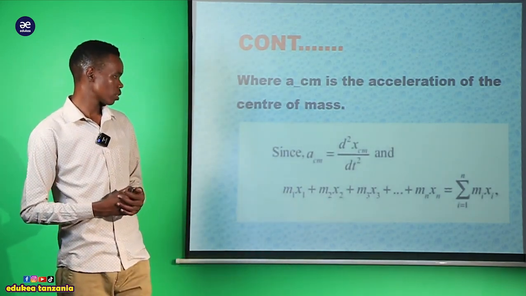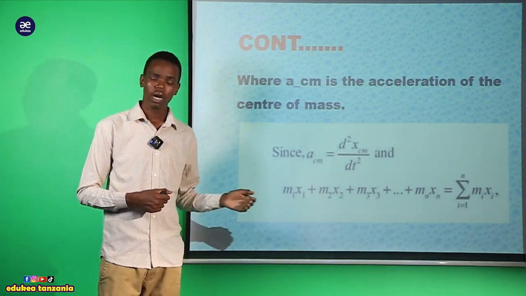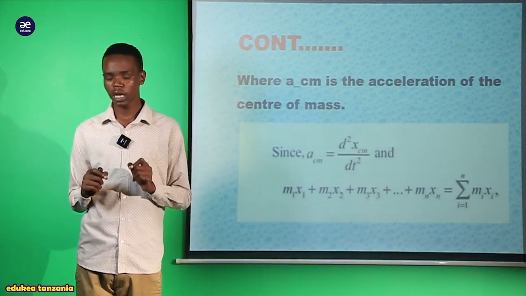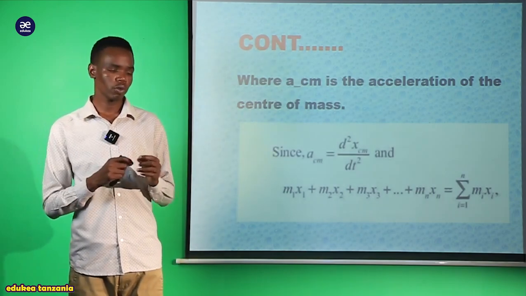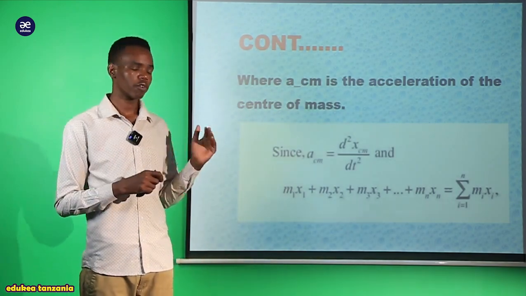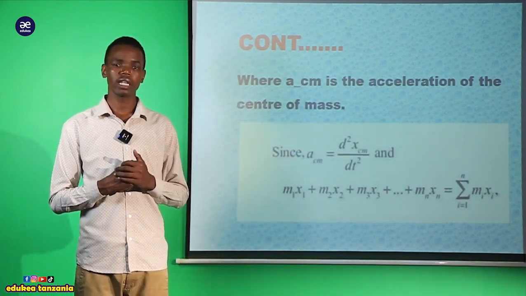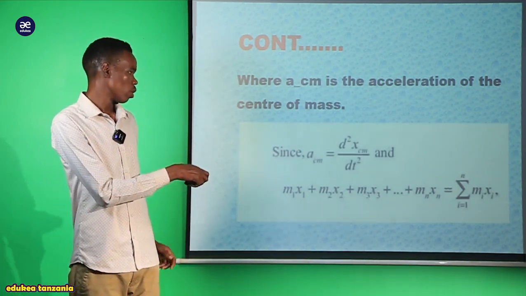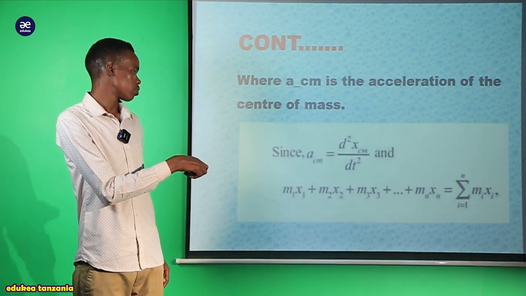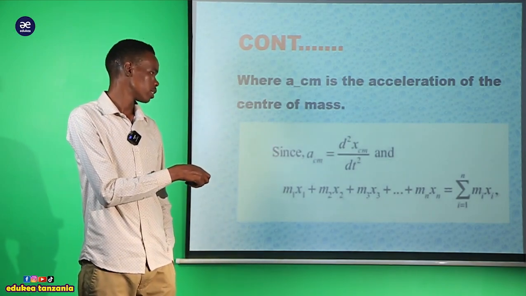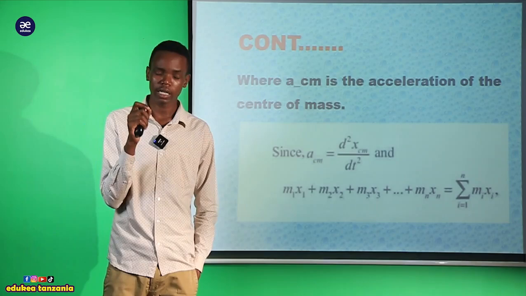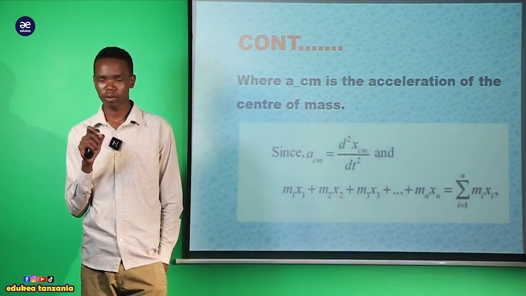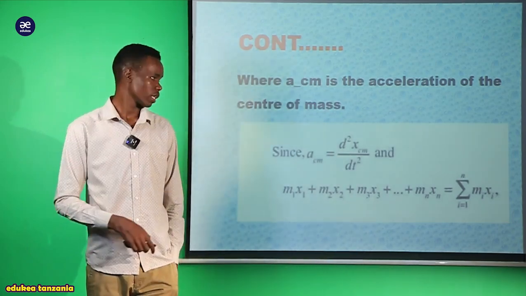So after there, my dear student, since we know that this acceleration of center of masses is equal to the second derivative of the displacement with respect to the time. Kwa baadaye ya hivyo sasa tutamwambia kwamba huyu a_cm ana represent the second derivative of displacement with respect to the time.